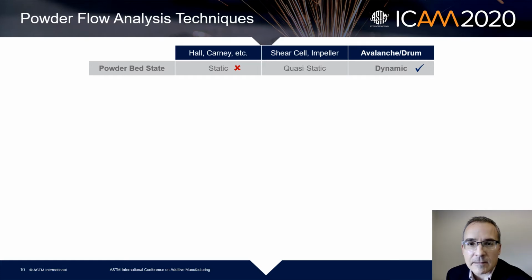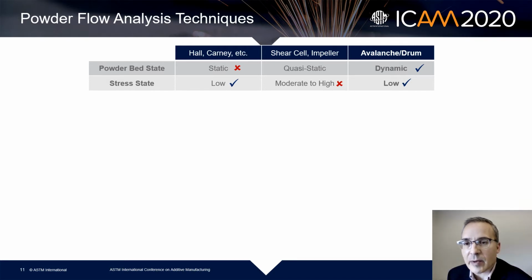Comparing these, I categorize them again here as static, quasi-static, and dynamic testing. One of the defining characteristics is the stress state of the powder during the test, whereas the Hall and Carney static flow and the dynamic avalanche are low stress environments.